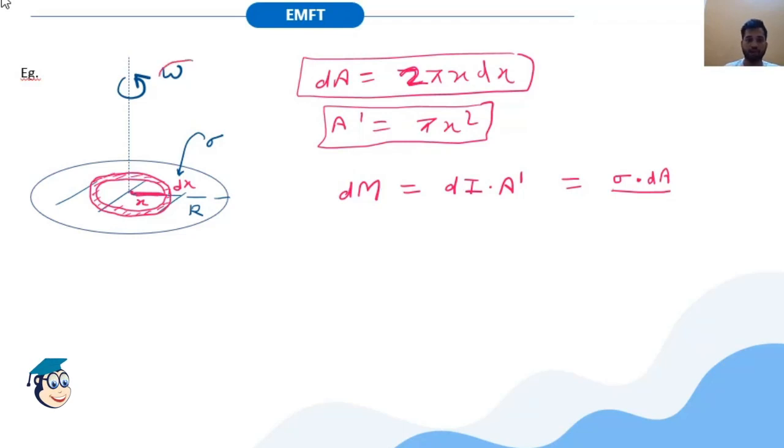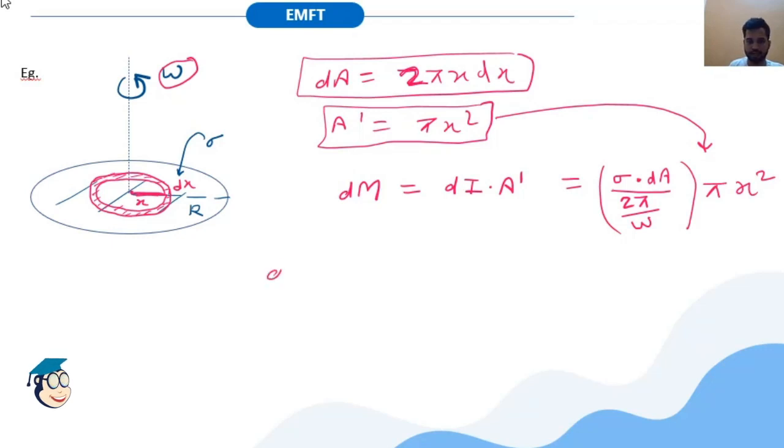You don't know time directly, but you can calculate it using the fact that time is 2 pi over omega. And A prime is equal to pi x square.